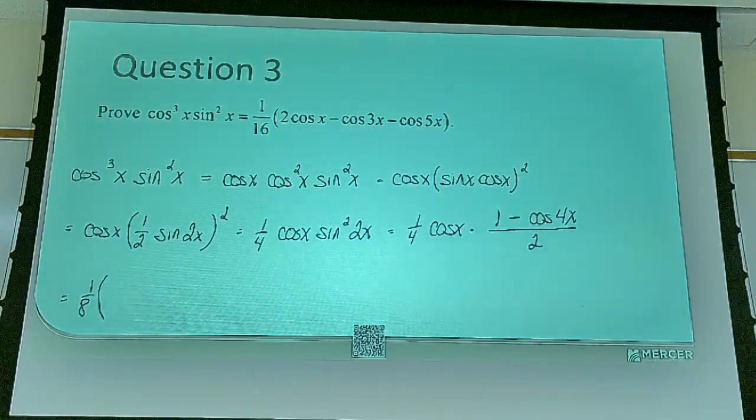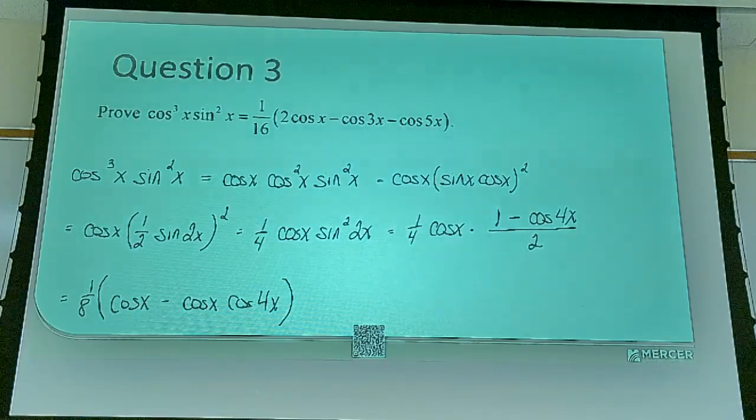We have 1/8 all times cosine x minus cosine of x times cosine of 4x. Yeah, we're getting there.